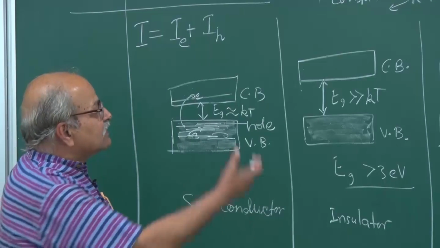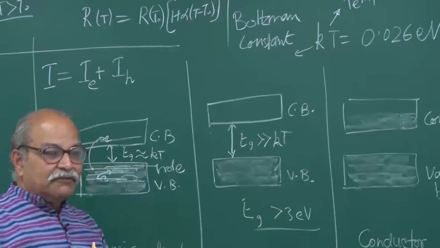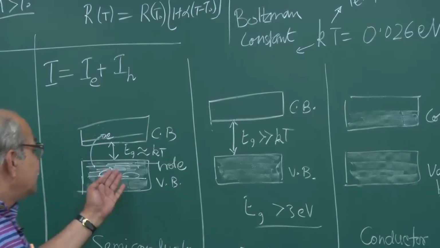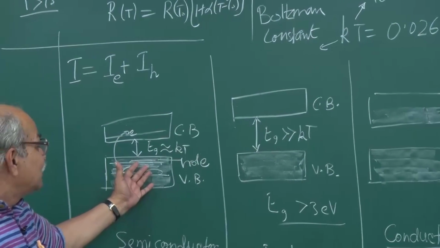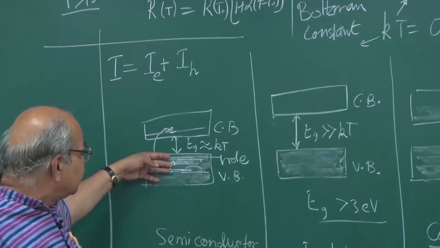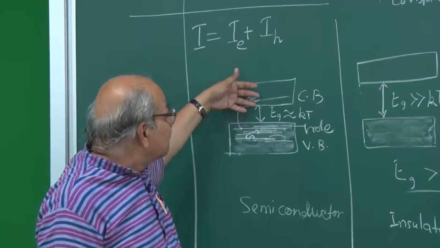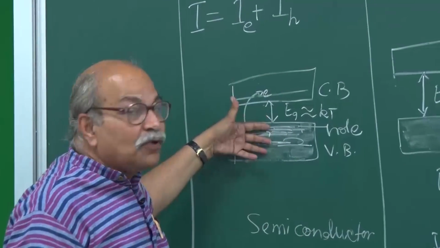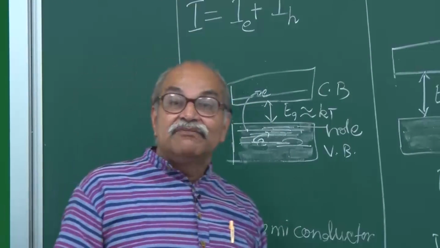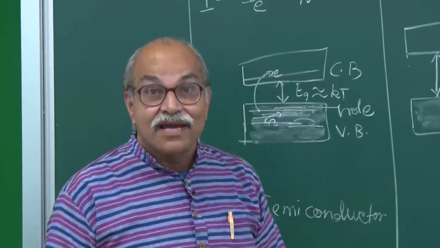So if this 26 milli electron volts becomes 30 milli electron volts, the energy made available to these electrons is more, and more electrons can jump here, so the number of conduction electrons and holes both increase, the conductivity goes up, and the resistance goes down, because you will have more current.